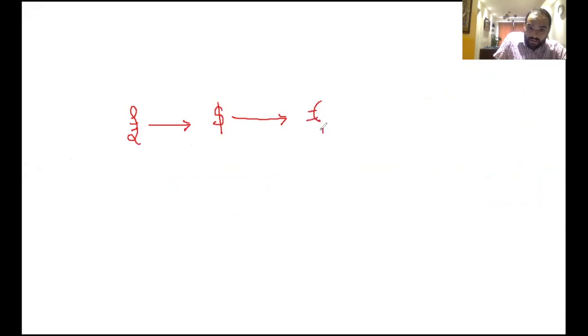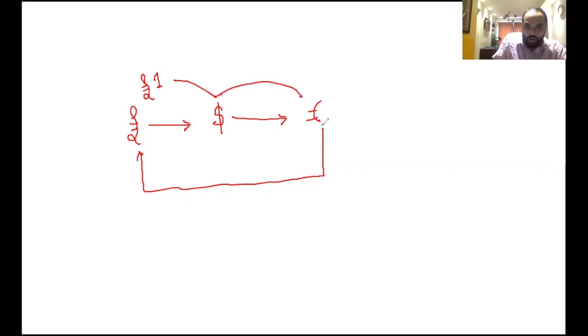When you convert this euro into pounds again, say you started with 1 million pounds. You sell 1 million pounds for dollars, then sell dollars to buy euro, and now you sell euro to buy pounds.